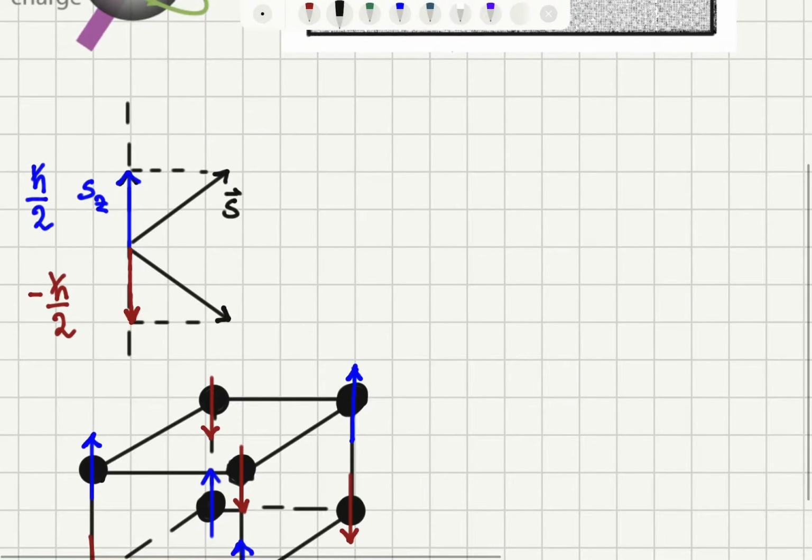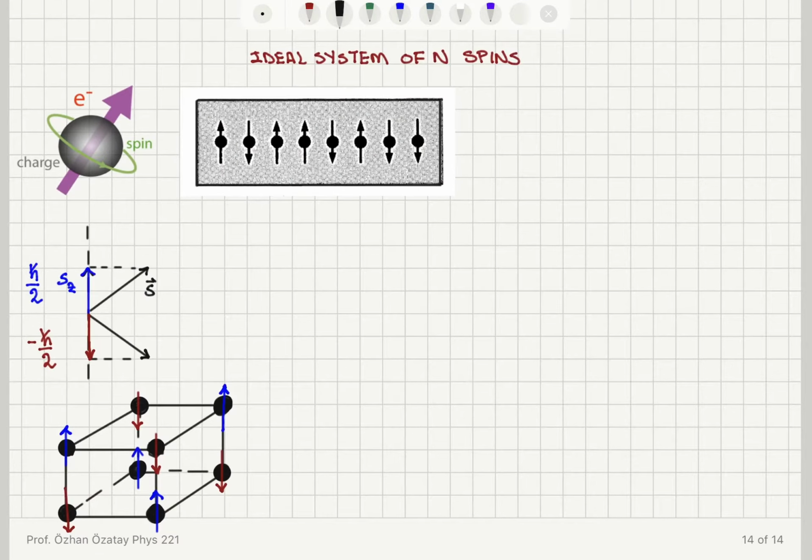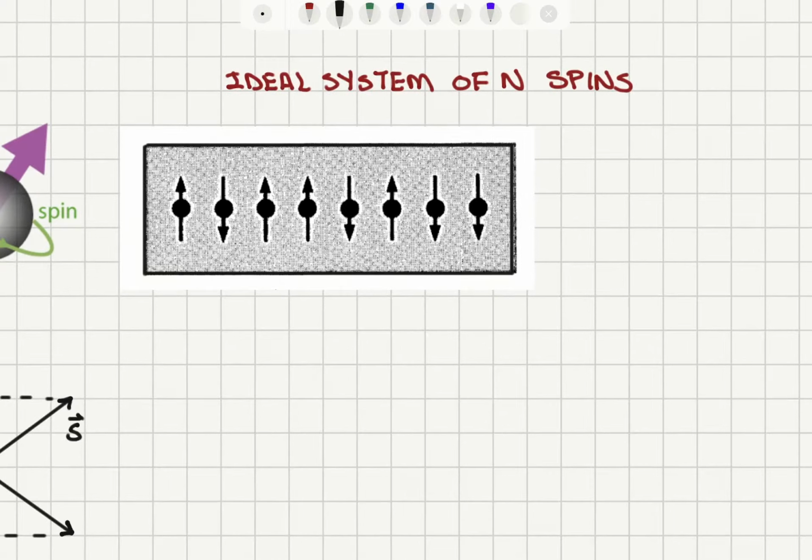And we will assume that these spins are at fixed locations in a lattice, and the net spin may come from unpaired electrons, etc. So this is one example of a one-dimensional chain of spins. So this is a 1D chain of spins.